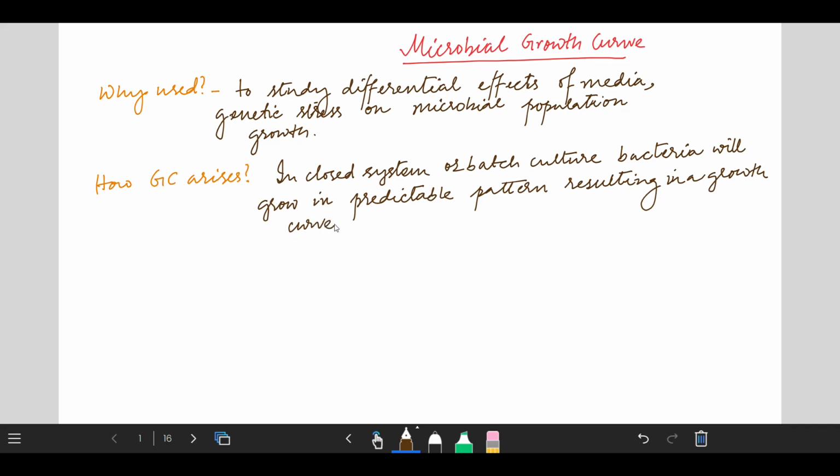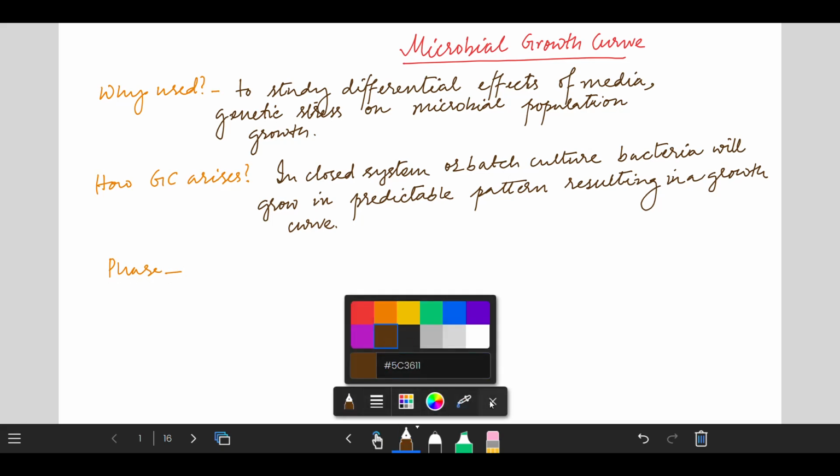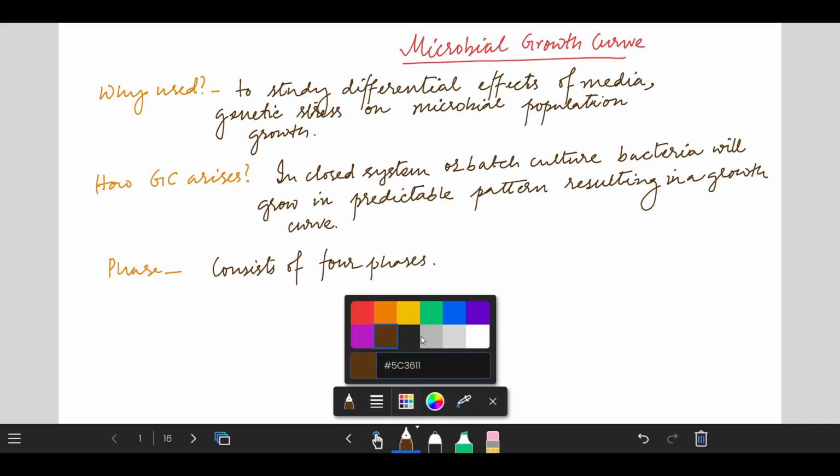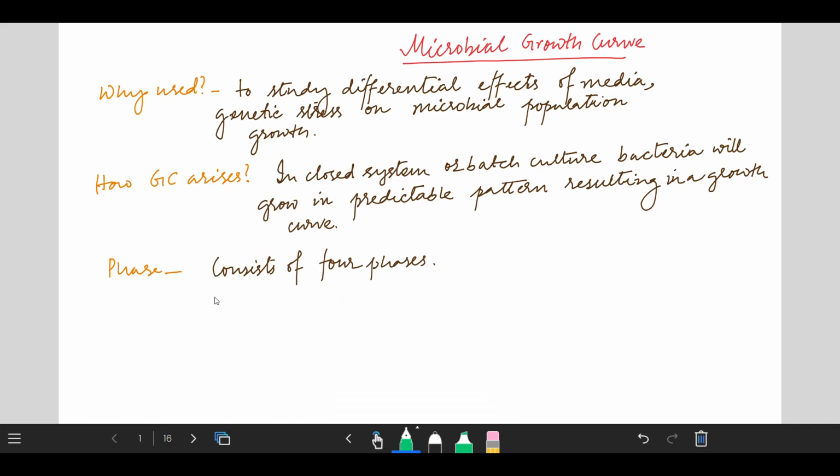Okay. Now, what are the phases? It consists of mainly 4 phases. So, what are the phases? First one is lag phase.